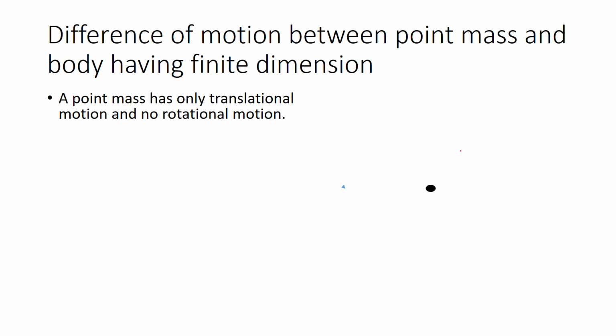Now, before going to solve this problem, I would like to discuss a little bit, because this is important for the problem, the difference between a point mass and a body having finite dimension. Suppose this is our point mass, it has no dimension. So in this case, there is no rotational motion or angular motion of this point mass. Now consider the finite body.